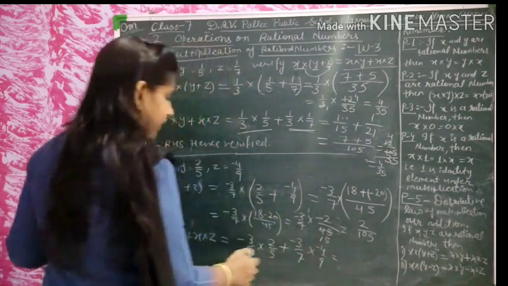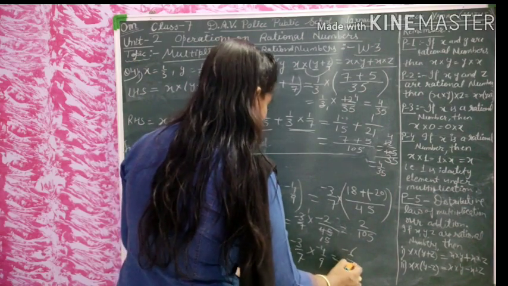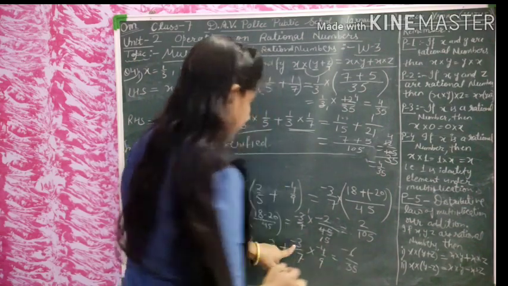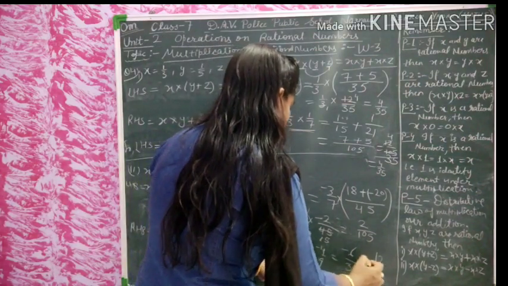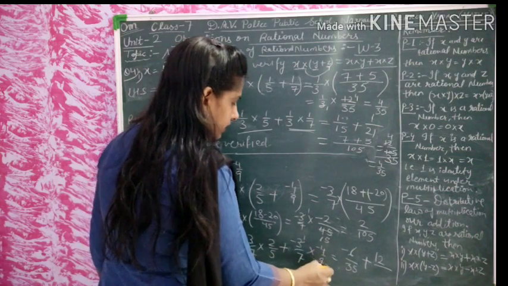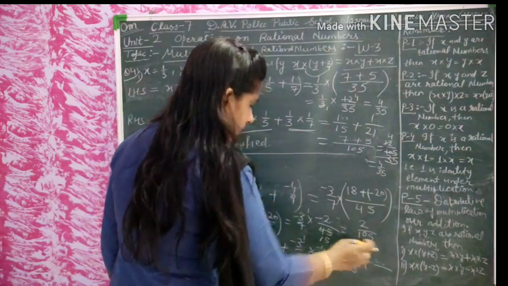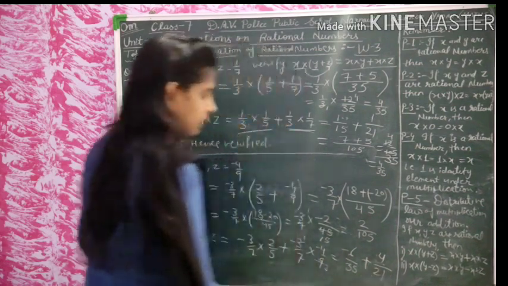We are solving here minus 6 by 7 fives are 35, and there is minus and minus is plus here, so plus 12, 4 threes are 12, one number is cutting here, 3 ones are 3, 3 threes are 9. So students, there is the number 4 here, and 7 threes are 21.